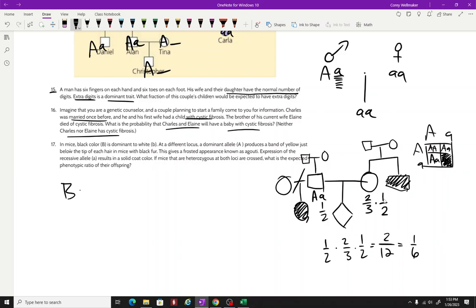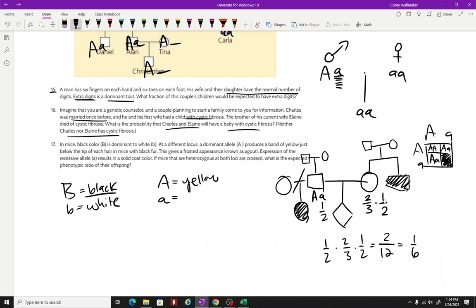Black is dominant to white. A equals yellow band just below the tip of each hair in mice with black fur. Ooh, you have to have black fur to have the yellow tip. All right.